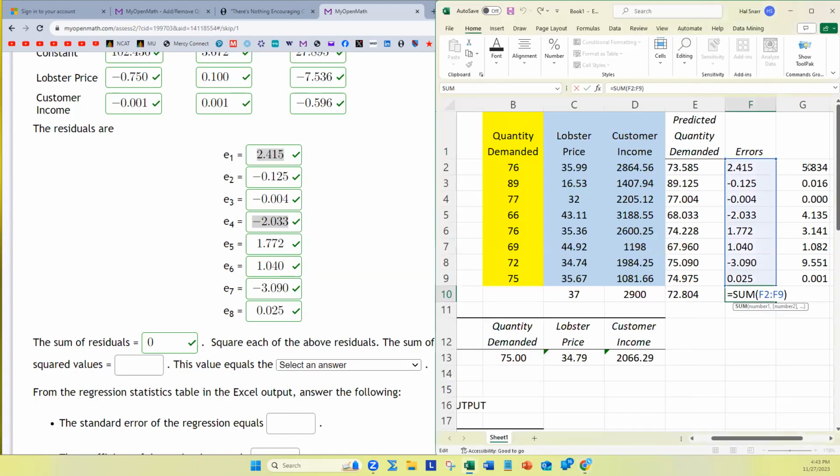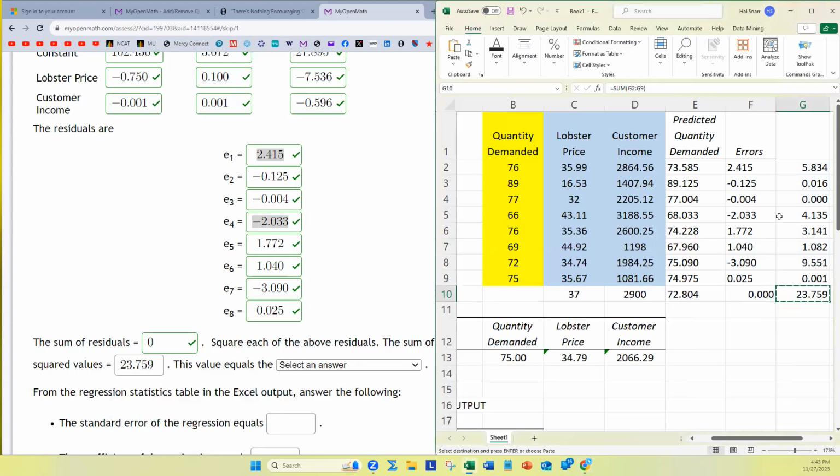When we square the errors, like we did here, right, we squared each one of these. And then we sum those squared errors. Get 23.759 in my model, right?